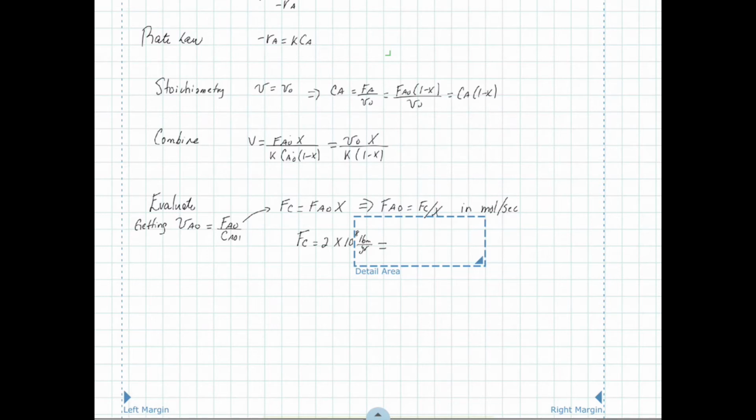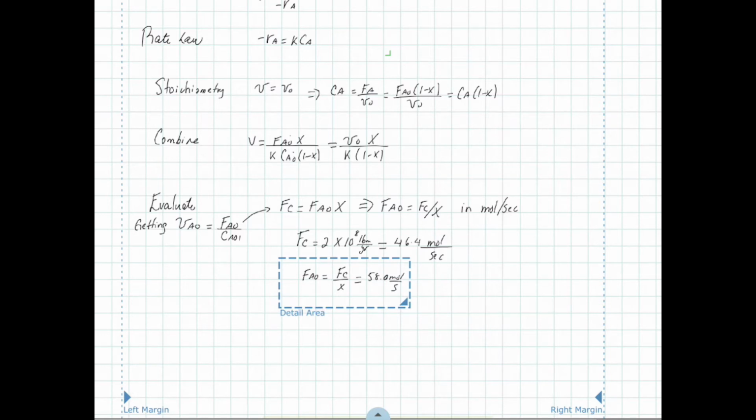Anyway, after we do that, this is the volumetric flow rate. Therefore, we can evaluate the initial concentration of A. Notice that we did this evaluation at 0.8 conversion of A.